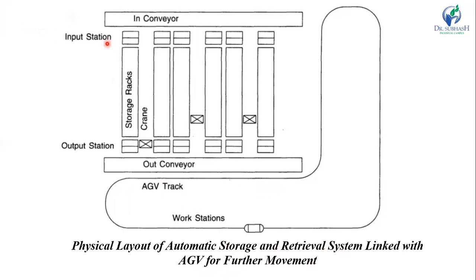Here is the input station and this one is the input conveyor. These are the storage racks and here is the crane. This one is the output conveyor. From that you can see the AGV, automated guided vehicle, which moves the part. And these are the workstations.